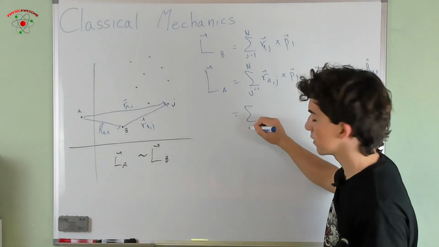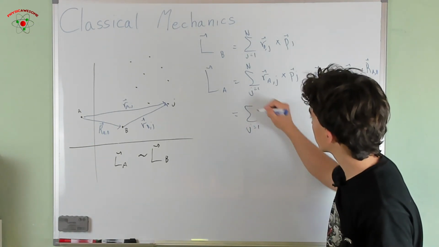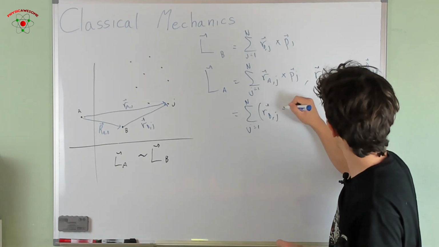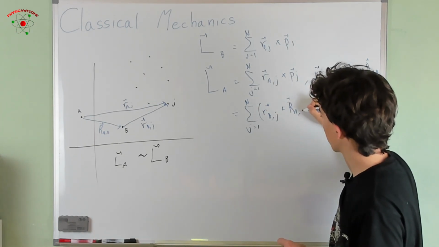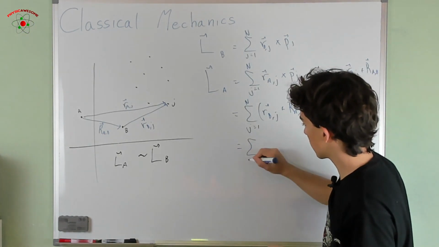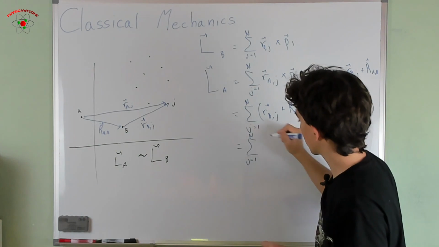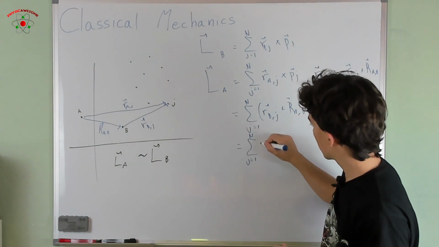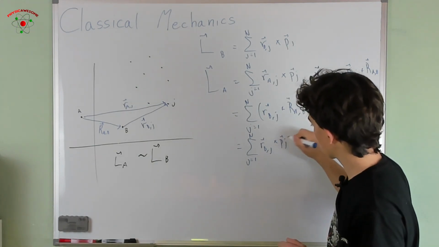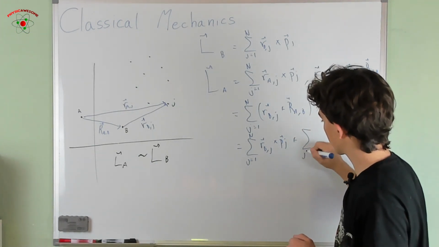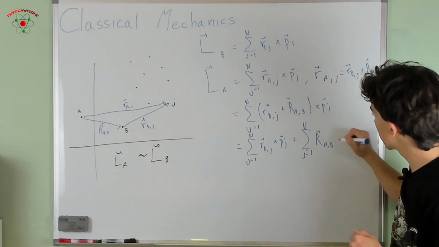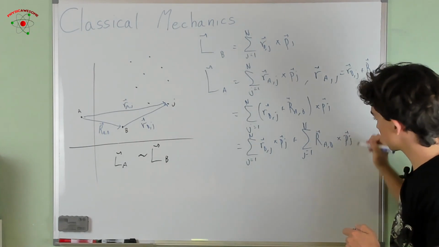So we have the sum from j equals 1 to N of (Rbj plus Rab) cross Pj equals the sum from j equals 1 to N of Rbj cross Pj plus the sum from j equals 1 to N of Rab cross Pj.